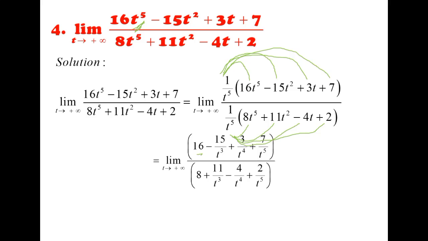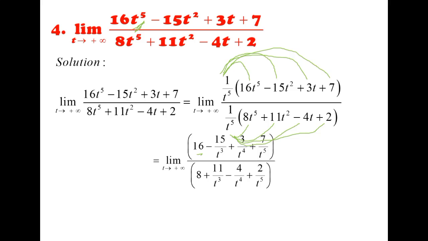Next, negative 15t squared times 1 over t to the 5 is negative 15 over t cubed, because the exponent of the denominator is more than the exponent of the numerator, so we subtract: 5 minus 2, and that is t cubed. Then 3t times 1 over t to the 5 is 3 over t to the 4.